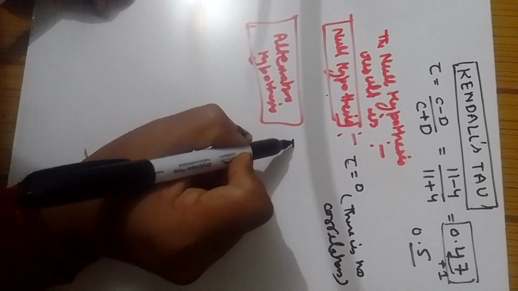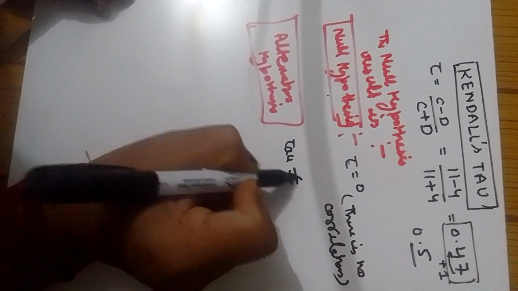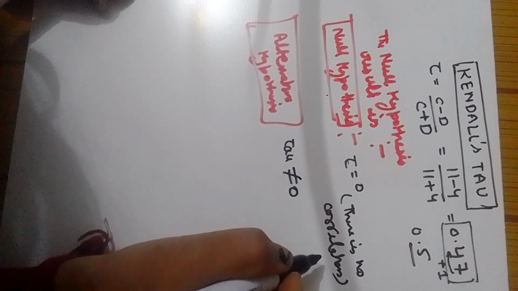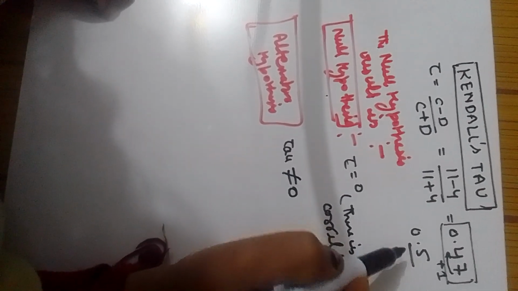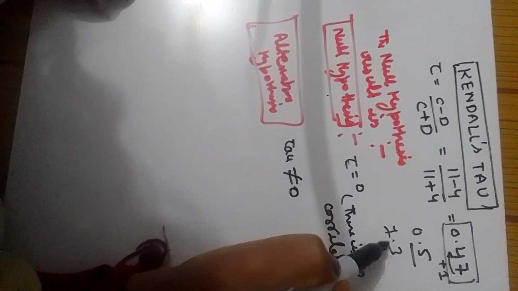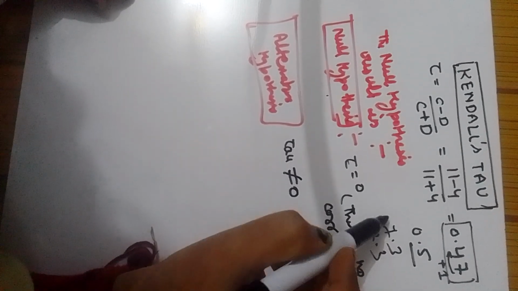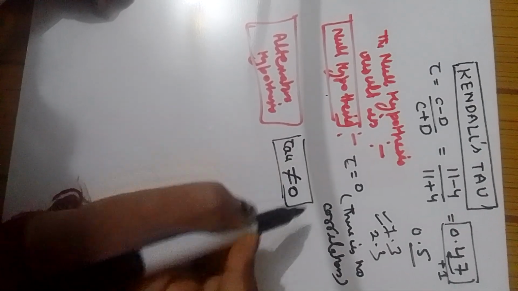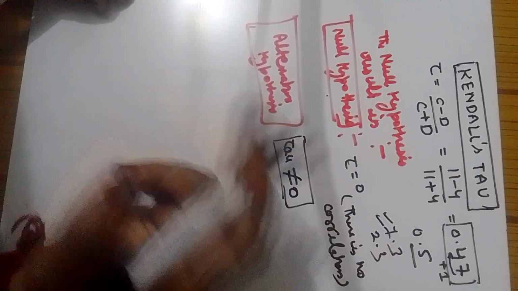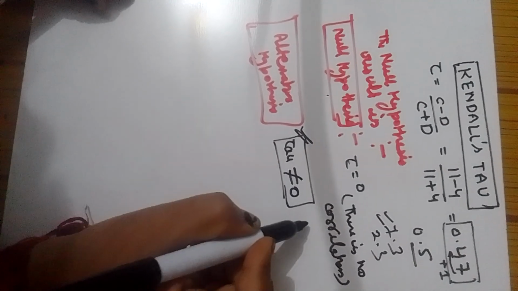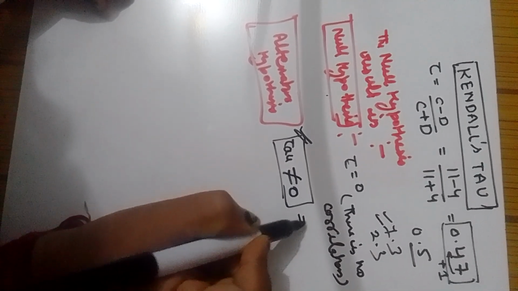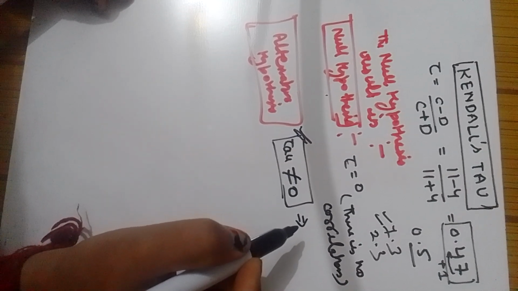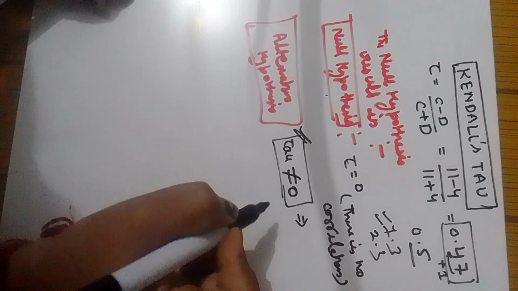And on the other hand, if tau is not 0, if the value here came in the form of 1.3 or 2.3, so directly you could say that, all the students, or data scientists, they could say that by seeing this tau value only, not seeing the graph or data, by just seeing the tau value, data scientists can relate that the features or the concepts they have drawn from that particular data.